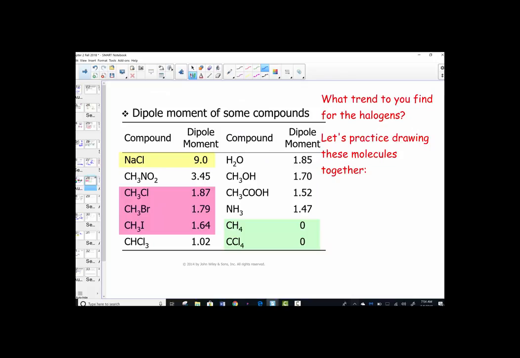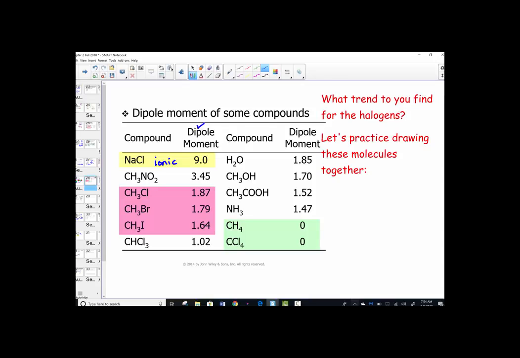So when I look at these examples of numbers for Debye units called a dipole moment, notice that this ionic compound has an extremely high dipole moment because it's made of charged ions. So it's not appropriate to call it polar or nonpolar. We need a molecular compound, and everything else on here are nonmetals hooked together, so molecular compounds.